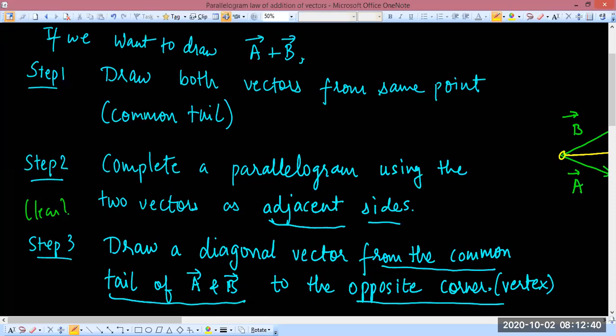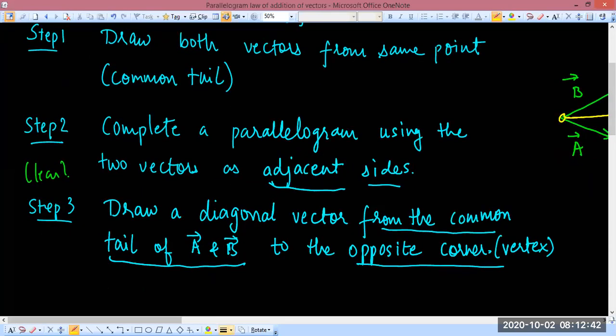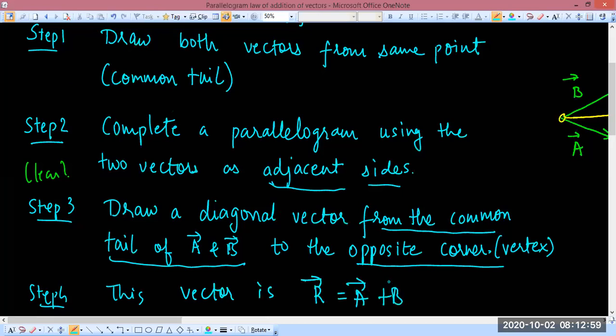And finally, step 4, we just name it and we are done. Step 4. This diagonal vector that you have just drawn is r vector, which is equal to, okay, so this is the addition vector.